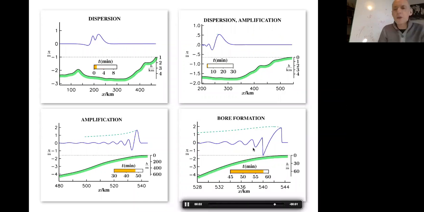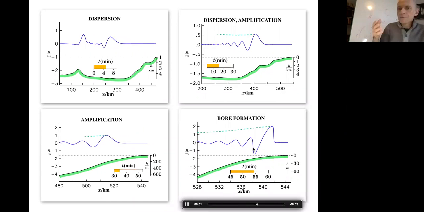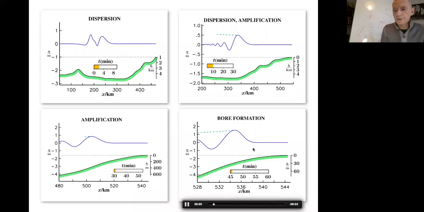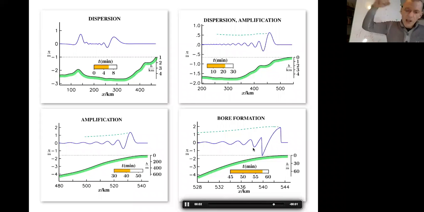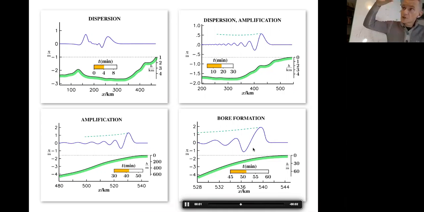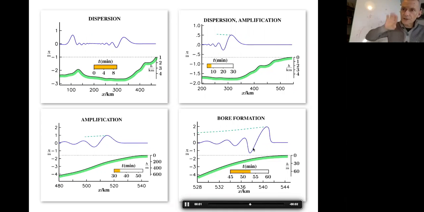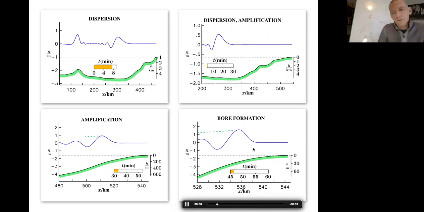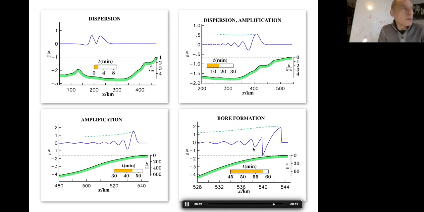Remember that breaking of a wave, like in surf, that's the nonlinear part of the wave field, because the amplitude is getting larger, the wave is going to break. Why? Because larger amplitudes are faster than the other ones, so you create the beautiful wave for the people who are going to surf.